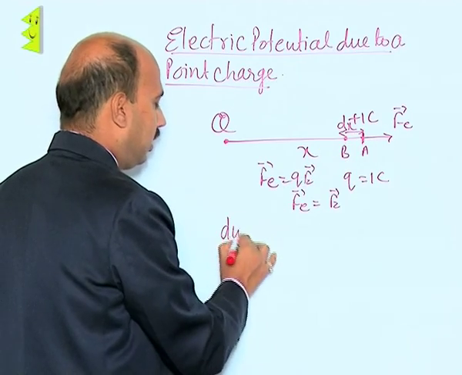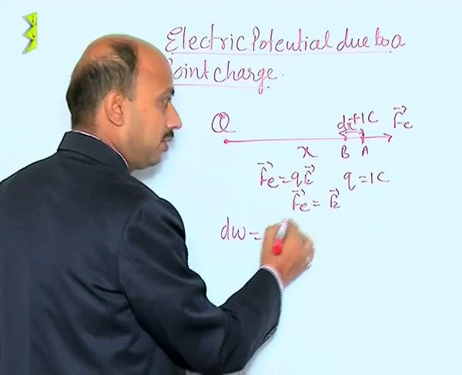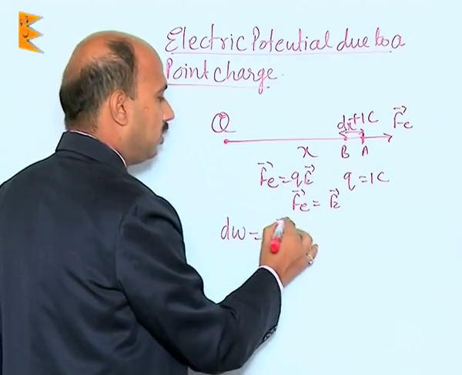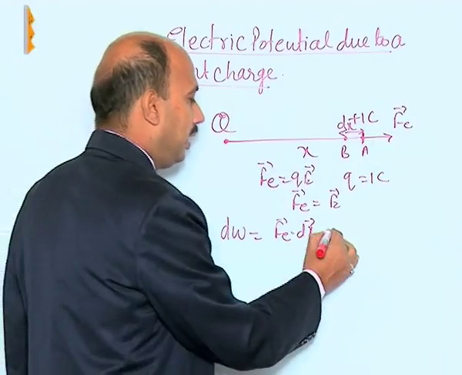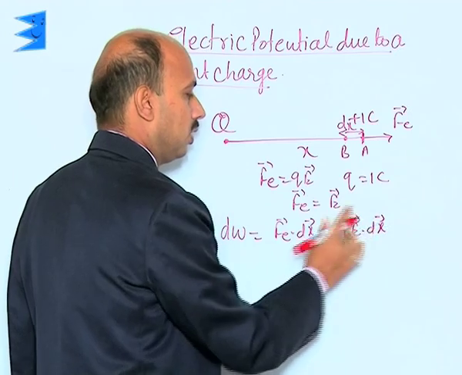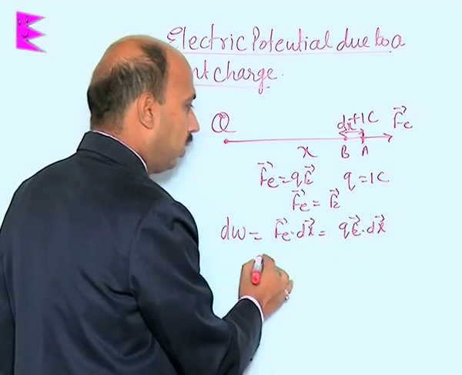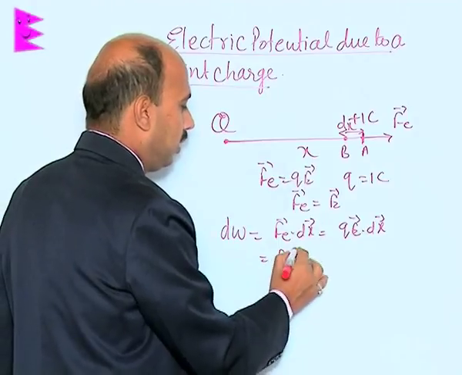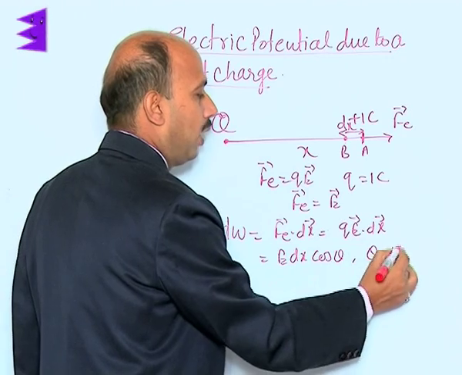Then the work done can be written as dW = F_E · dx, which is minus qE · dx, and q is equal to 1 coulomb. So, it can be written as E dx cos theta, where theta is equal to 180 degrees.